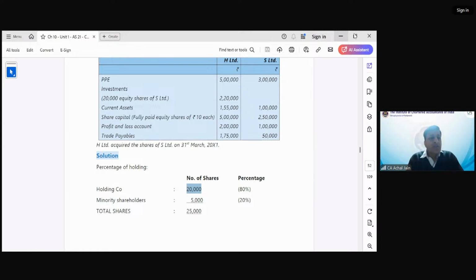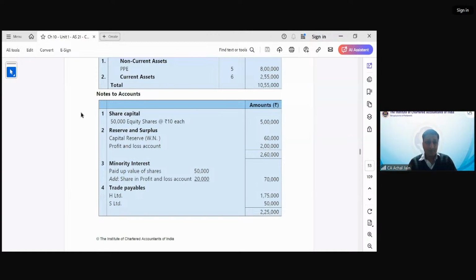Okay, so Malu has a question. Malu is saying, how much is the total number of shares of this company? See, this is not a company, this is the group. And group doesn't have shares. So please don't get into that. Even if you want to look at the shares of the group, that information is also provided to you. In the group, share capital of only the holding company was included.